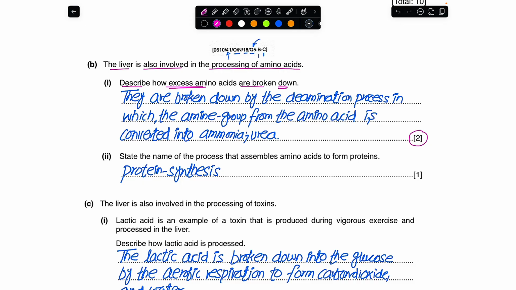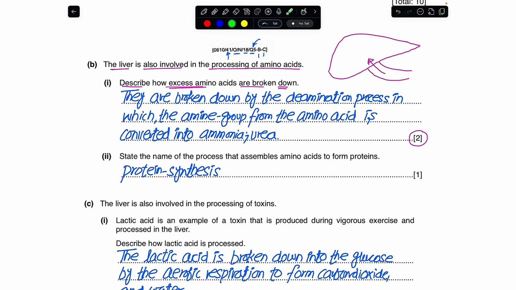Now, this is related a bit to the digestive system, but mostly it is in the context of the excretory system. When we talk about the role of the liver in the breakdown of excess amino acids, what we know is that from the small intestine, the amino acids that we have got from our diet would be coming to the liver with the help of a vein. The name of the vein is the hepatic portal vein.